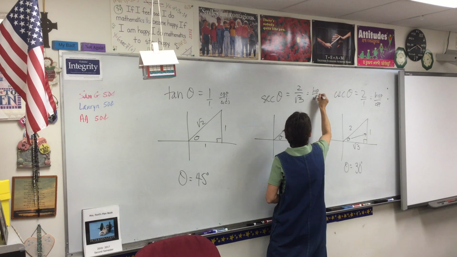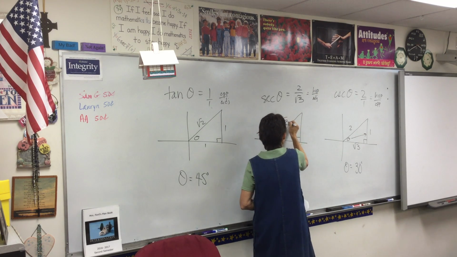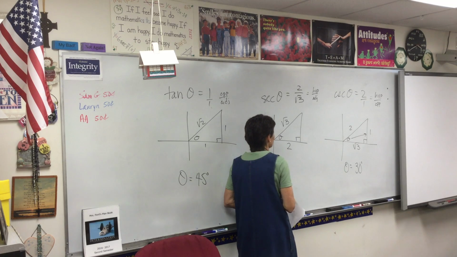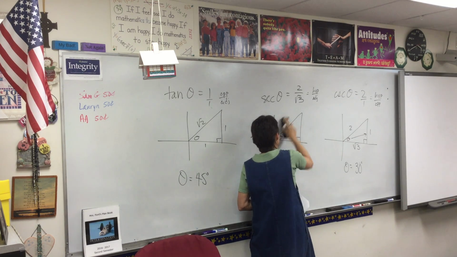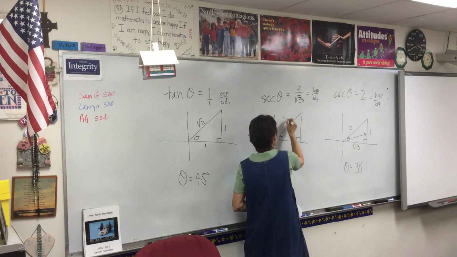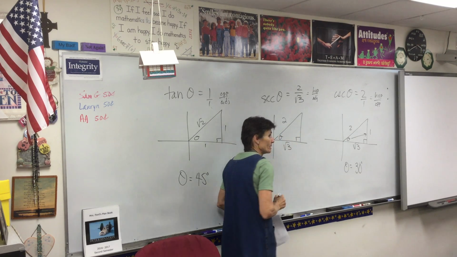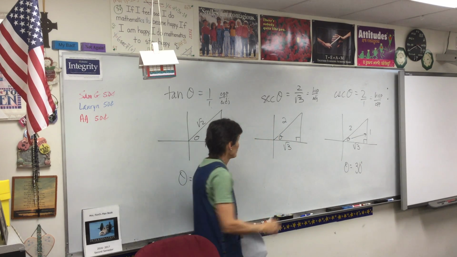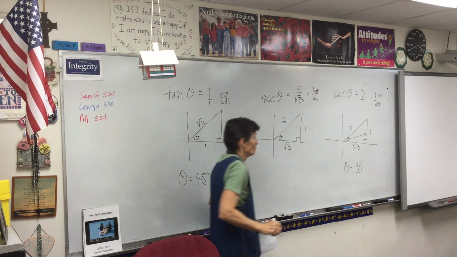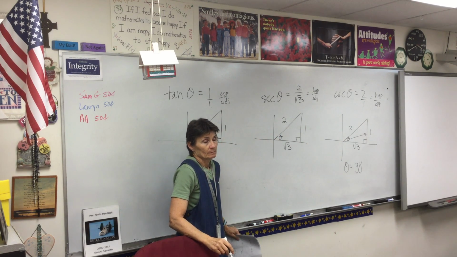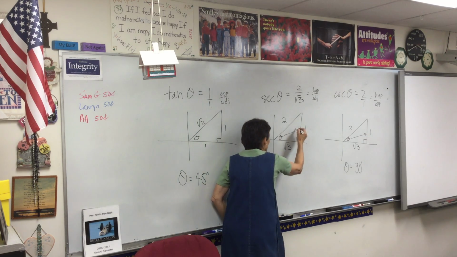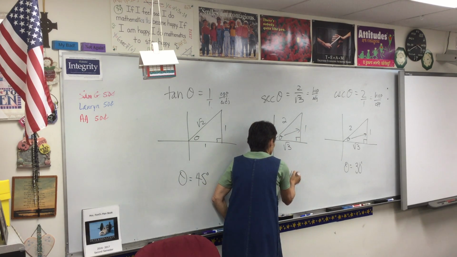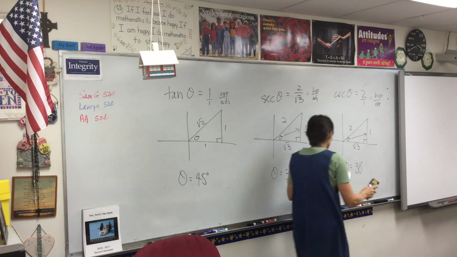So the hypotenuse is 2 and the adjacent is root 3, which would make this side a 1. It's across from the 1? 30. So the answer is 30 degrees. One more.